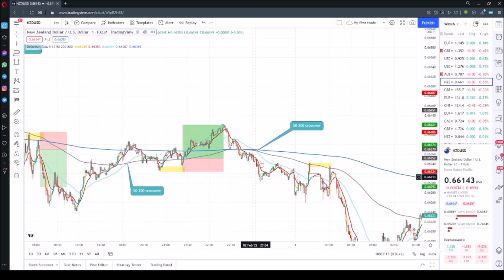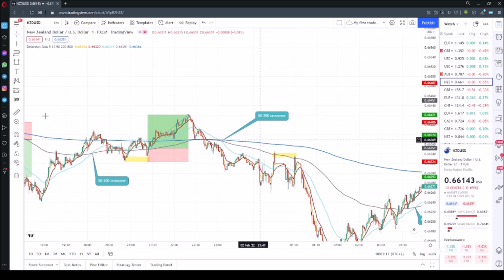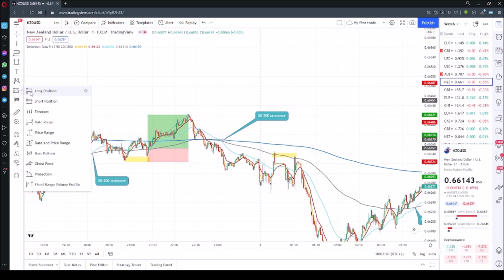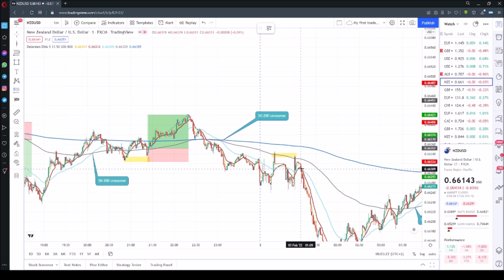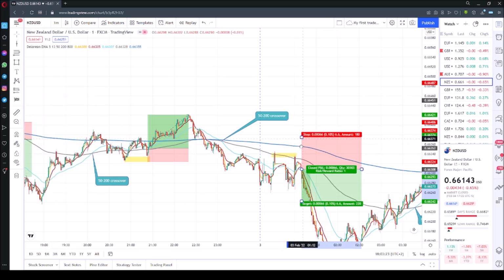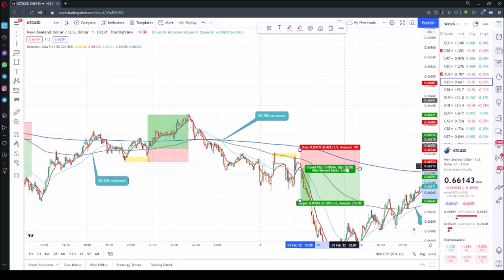And after that, we had another 50-200 EMA crossover. After that, this was now a short position, right? So imagine we are actually bagging profit in all these particular trades.